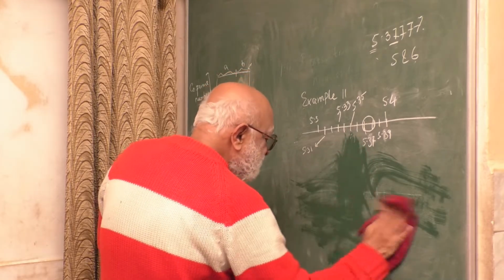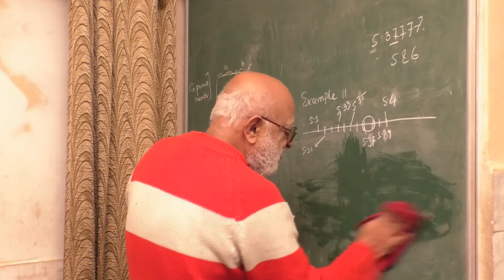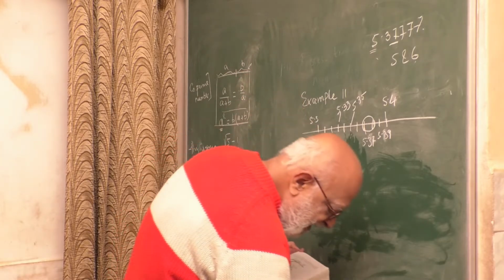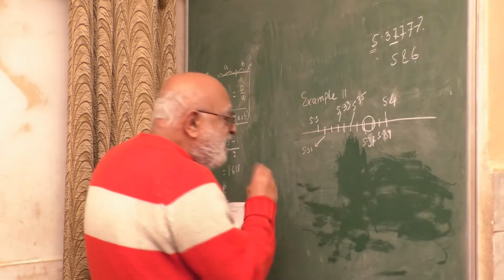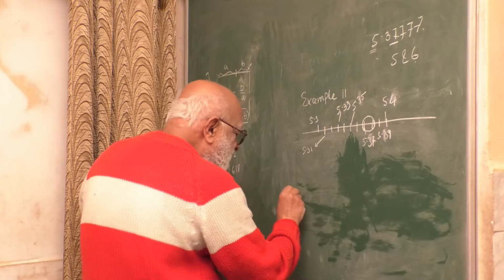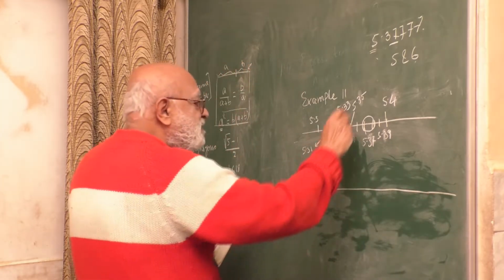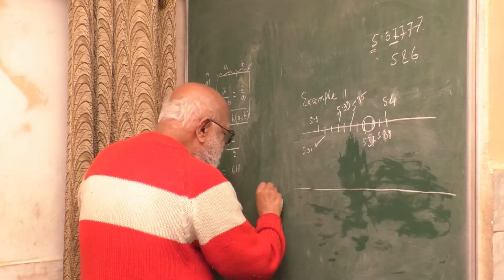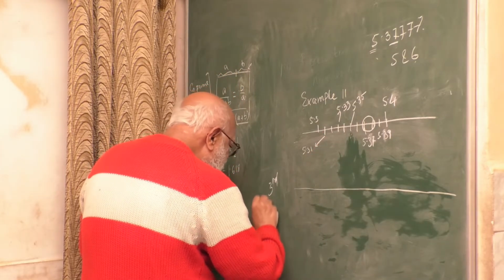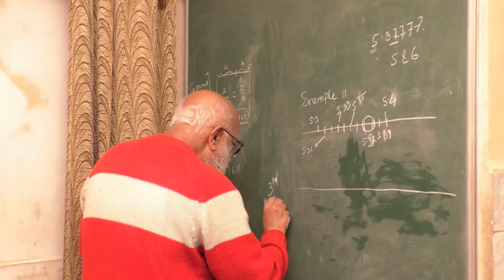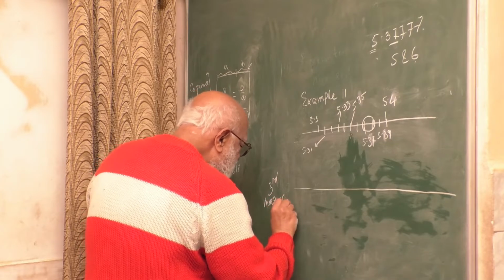See this concept: to subdivide it I have to magnify. So this is becoming successive magnification. This was the second, this is the third magnification.